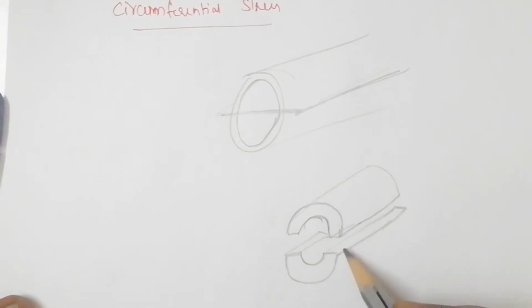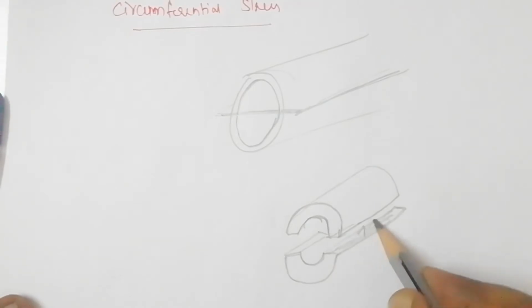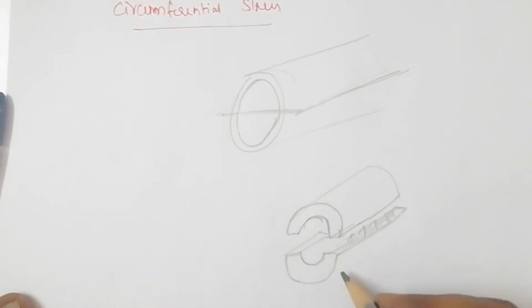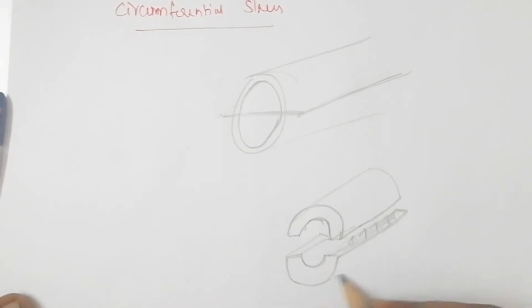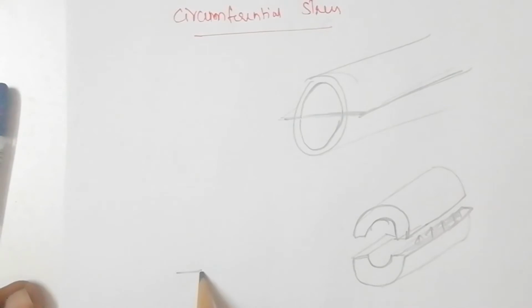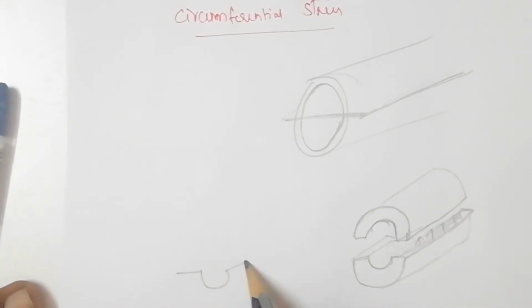So, when you cut in this part, because of the internal pressure, this area will experience some kind of stresses which try to oppose. Okay. So, if you cut that surface, you can see that surface will be like this.